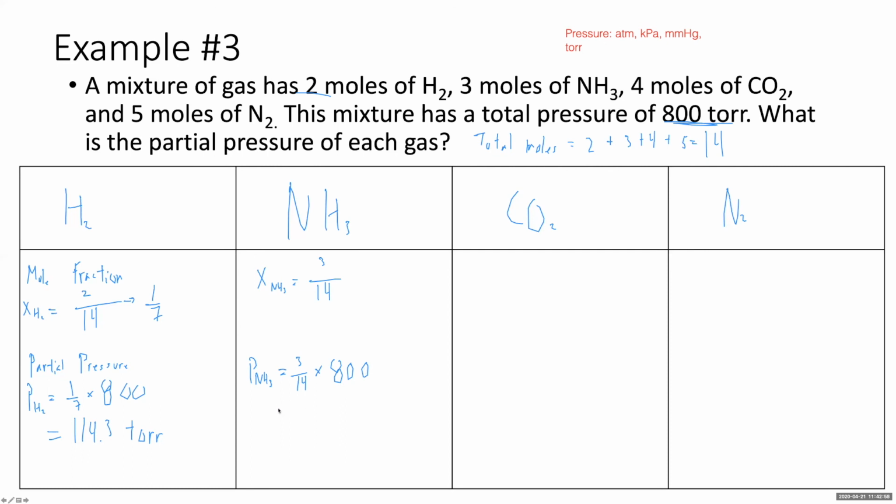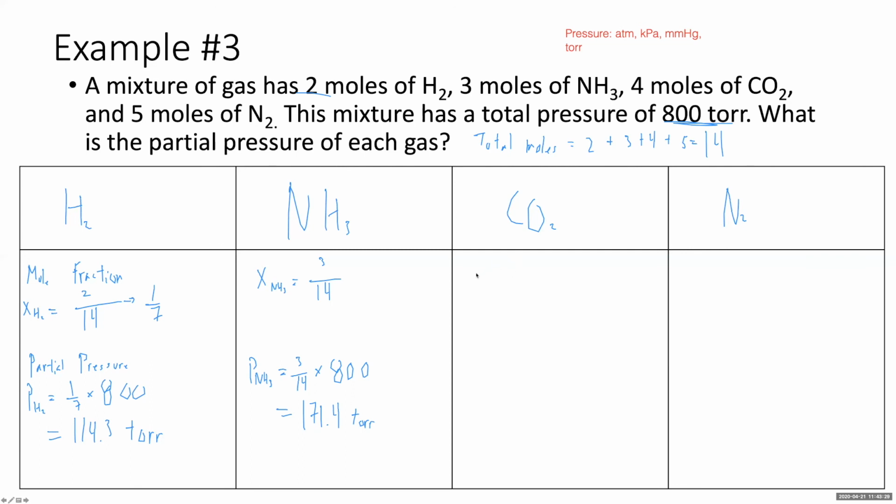You punch it in your calculator and you get 171.4 torr. Find the fraction, multiply by your total, and you get the partial pressure for that gas.